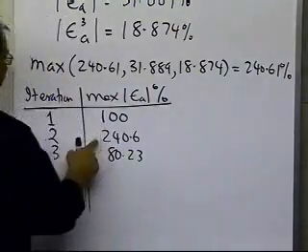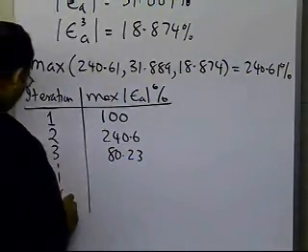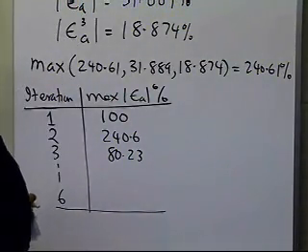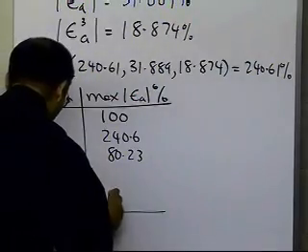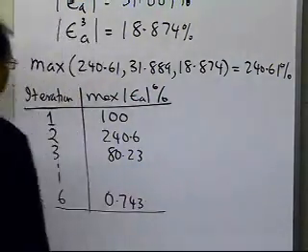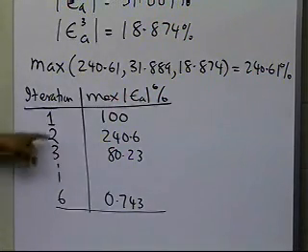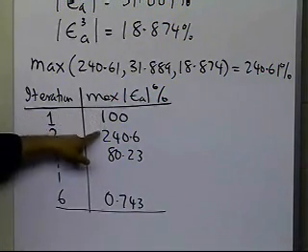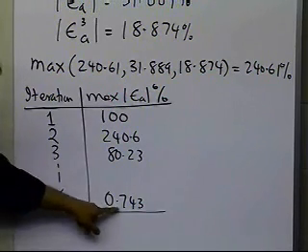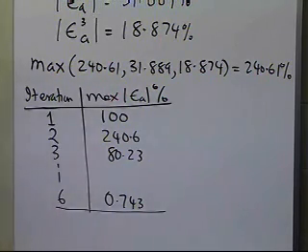So it increased, but now it's decreasing, and all the way up to 6. If I go up to 6, the maximum value which I get for the relative approximate error is 0.743%. So it does converge. So it might start to diverge a little bit here, but eventually it's going to converge. In fact, if you conduct more iterations, this number is going to get smaller and smaller.